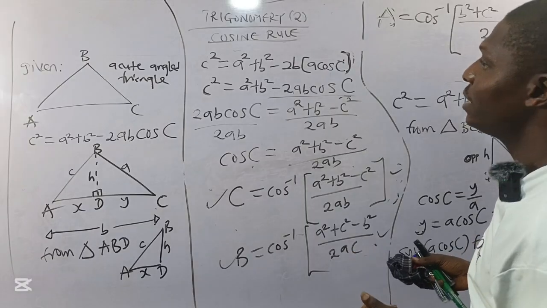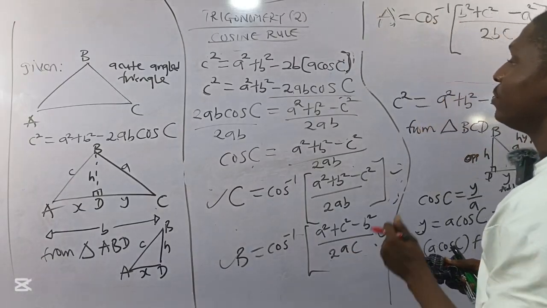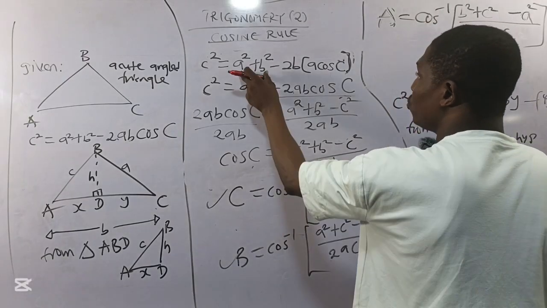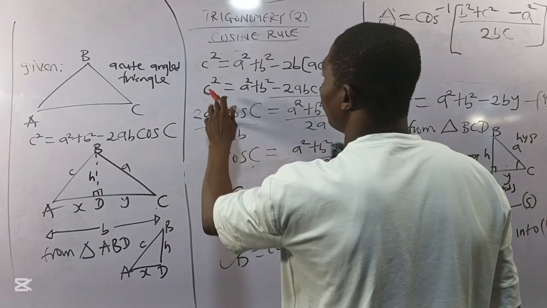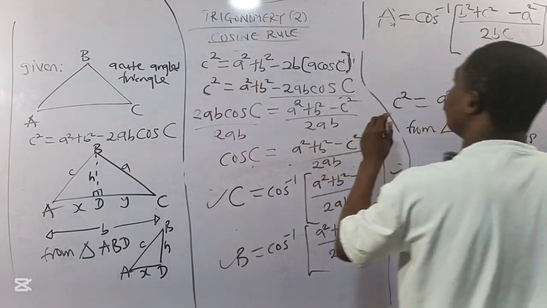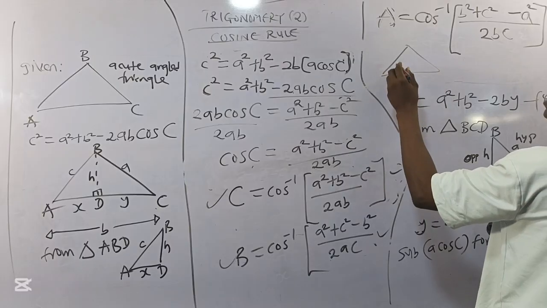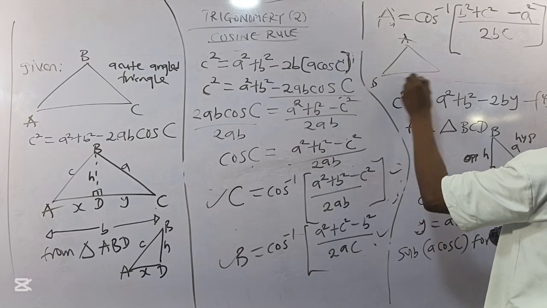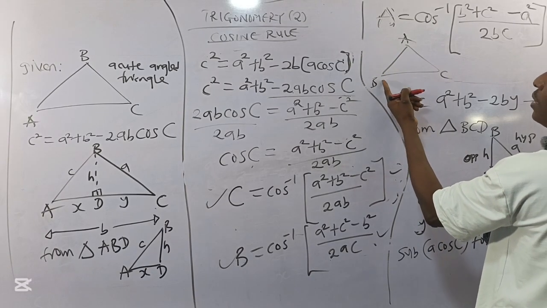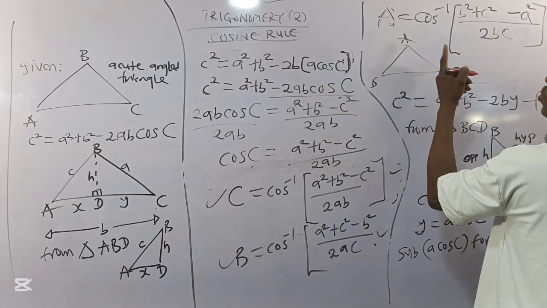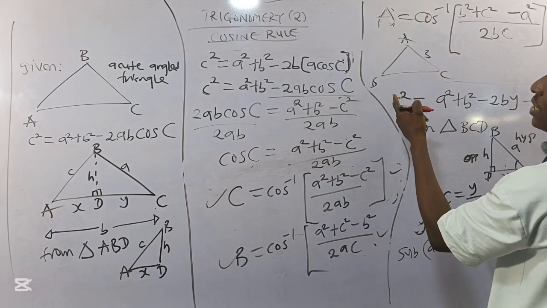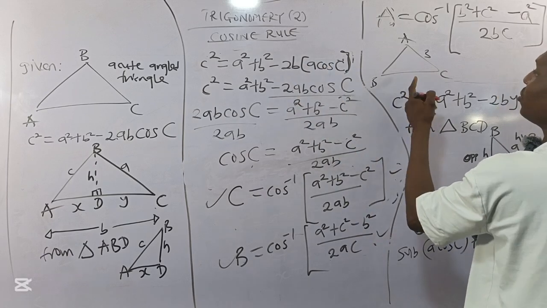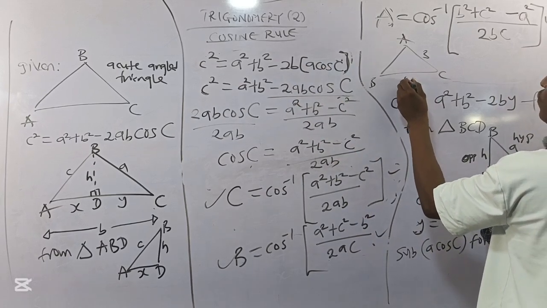And when I know two sides and the included angle, I will simply use C square. Included angle meaning I have something like this. This my A, this my B, this my C. This must be my side B. So side B is given, let me say 3. Side A is also given, let me say 4.